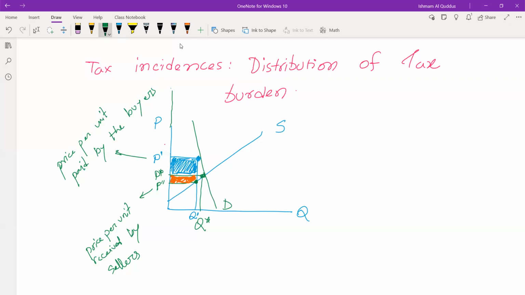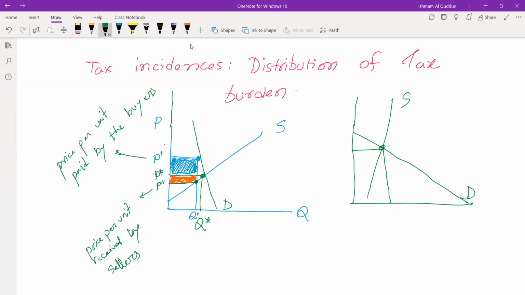And it is actually the opposite when you are seeing a case of elastic demand and inelastic supply. Let me draw that as well so that you can understand. So let's say demand is elastic. However, the supply is inelastic. Supply, demand. So this was the market price.